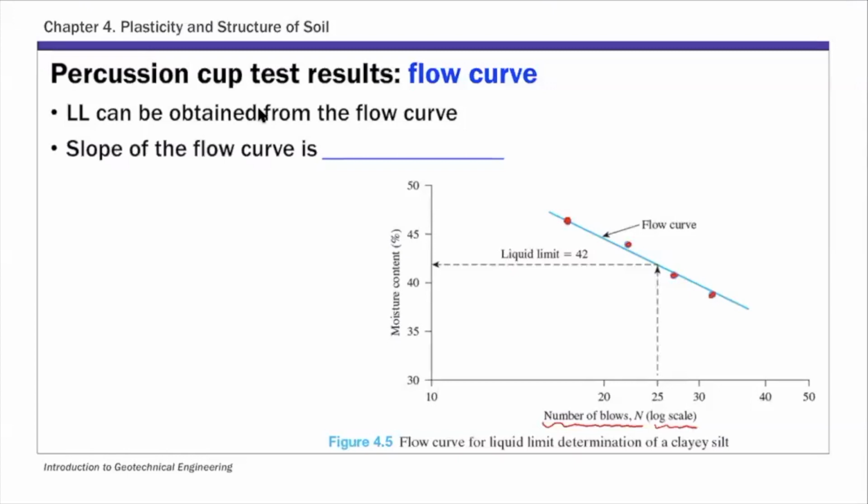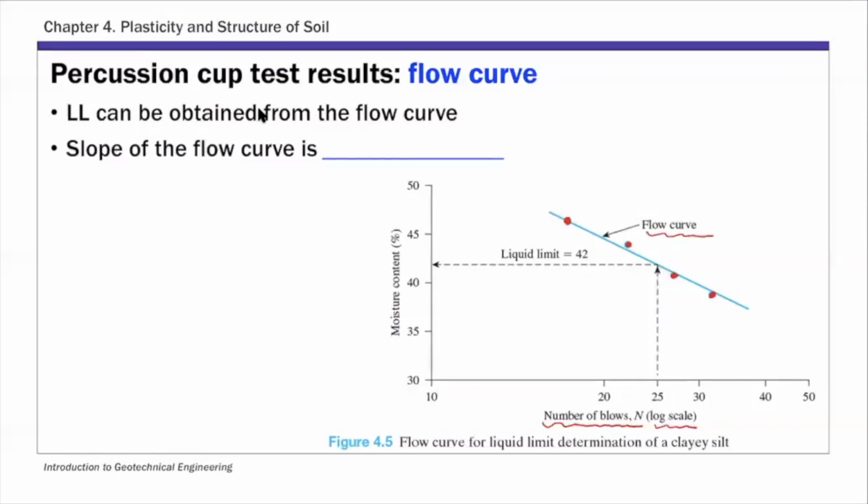For each of these tests, you have a moisture content and you have one corresponding N value. So you can get these 4 data points. There are 4 tests, basically 4 soil specimens prepared. And then you fit a straight line, and this is called the flow curve.